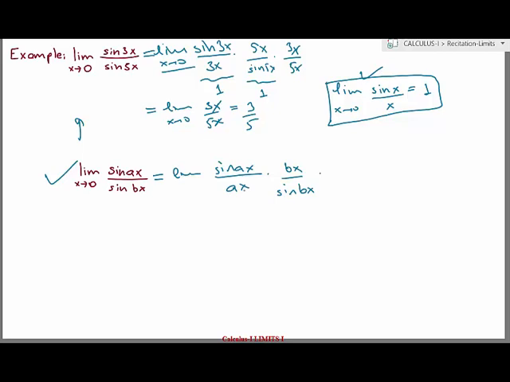So I divide the expression by ax and multiply by bx. So I should multiply the whole term by ax over bx. And I know that when x tends to 0, this term is 1, the second term is also 1. And if you cancel this, you have a over b as the answer for general cases.